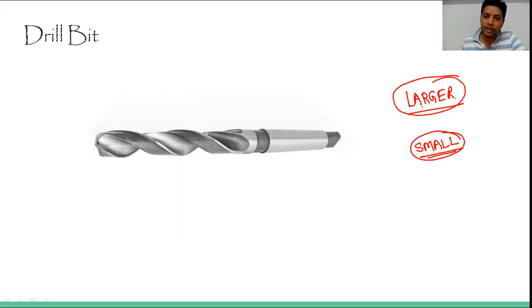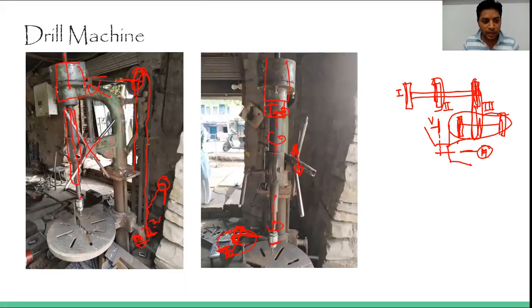Both basically have the same configuration, but if the drill bit is small, then we use such kind of assembly. In this assembly, the small drill bit is mounted, and we tighten it through this screw nut. We are just increasing the diameter to hold it, otherwise it becomes very difficult to hold and insert inside this one. That's why we are using this assembly.